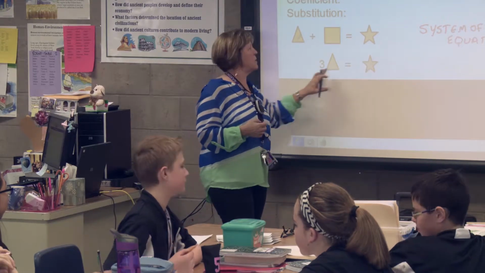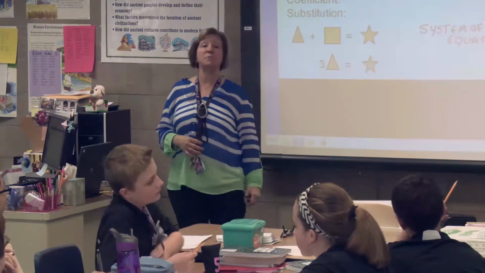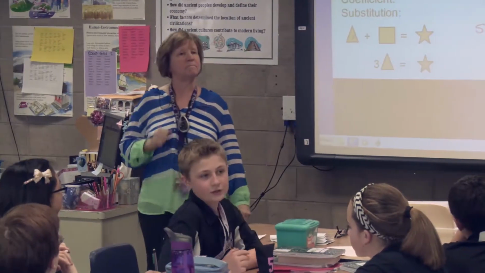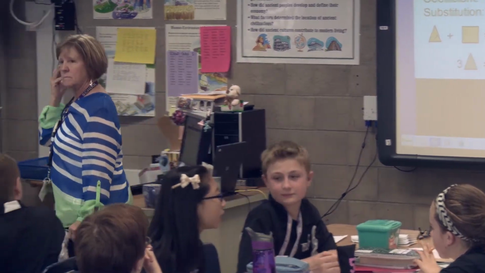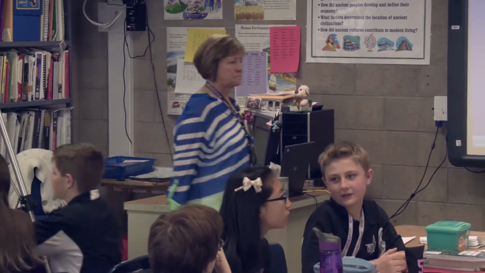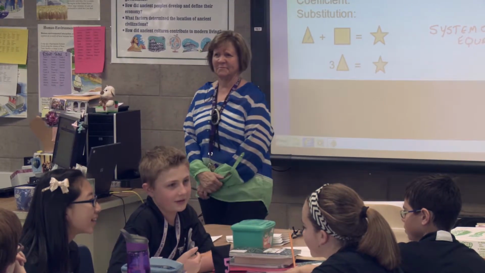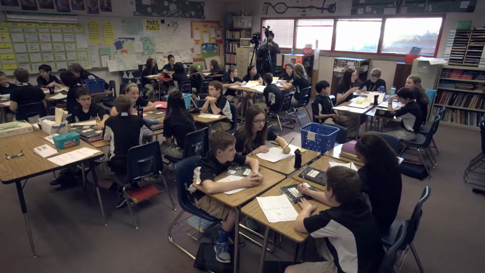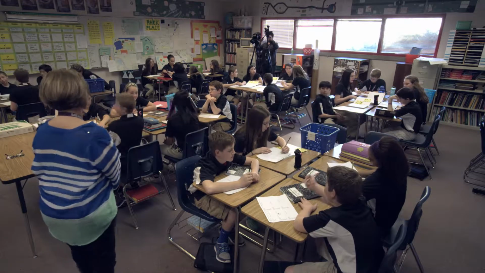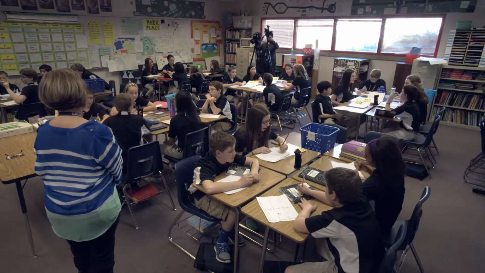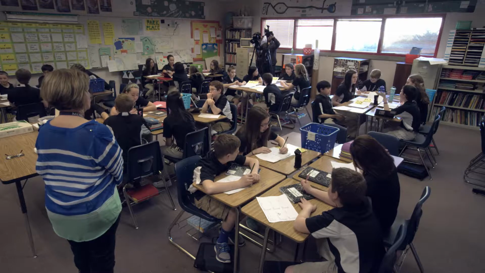Talk in your group about what this helps you determine. Go ahead. 3 plus stands for 3. Yeah, because if it's 4 it goes to 12. And if it's 1, then it'd be 2. It could also be 1. No, it can't. Because then triangle. Yeah, so square would have to be worth 2 triangles.